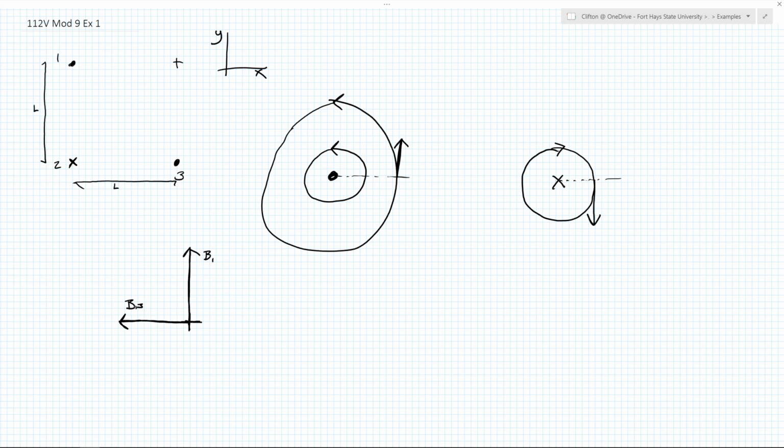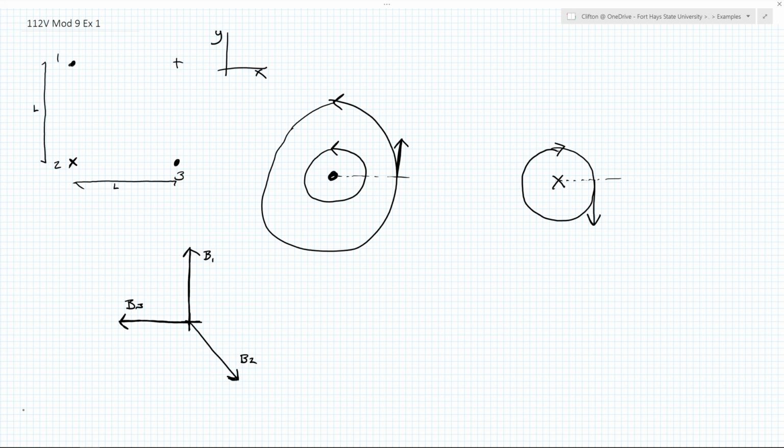And for the second current, we need to point our thumb into the board and our fingers curl clockwise. So we're going to have a magnetic field vector that points like this due to current 2. So now let's write down the magnetic field due to each of these currents, and then we're going to have to add them together.